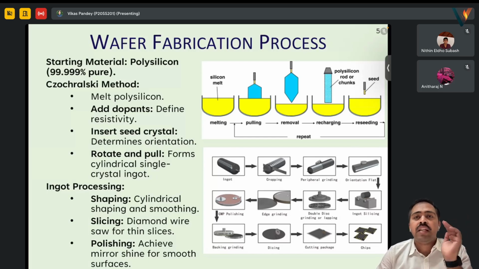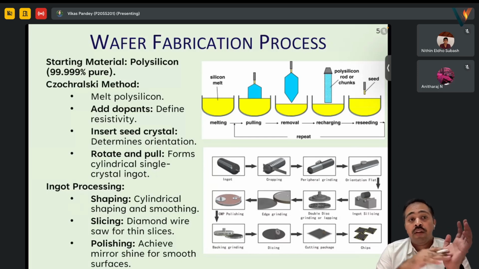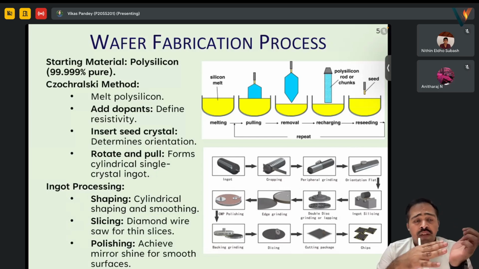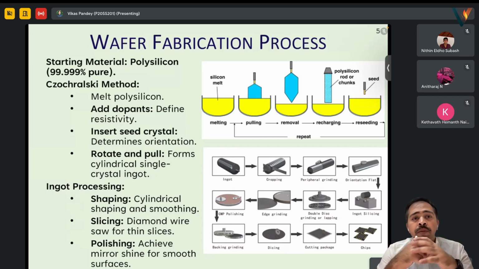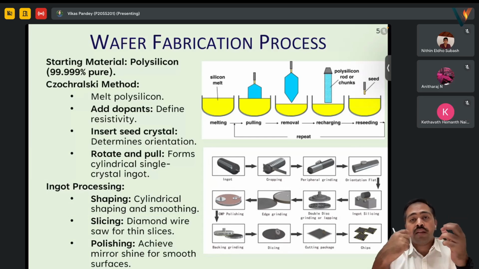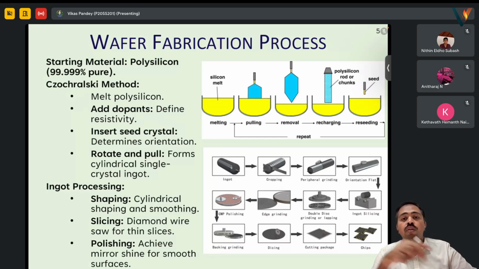Polysilicon means silicon having different crystal orientations that has already been purified. So we start with 5N purity, that is 99.999% purity. But the problem with this is that it is polysilicon, so the crystal is not all oriented.